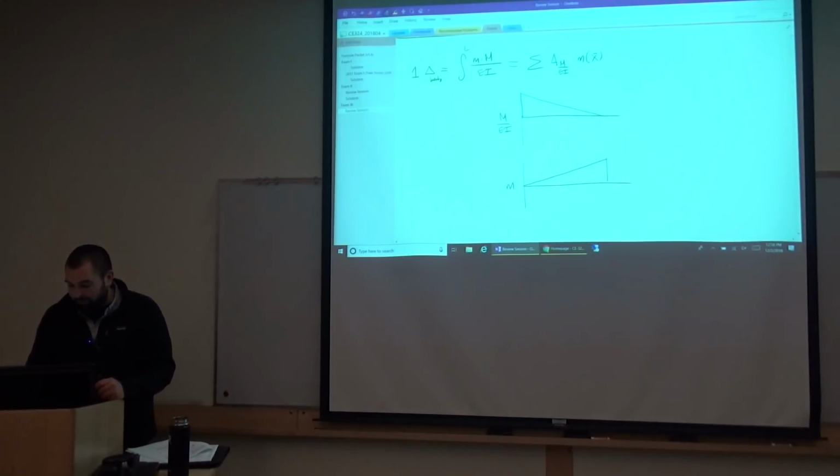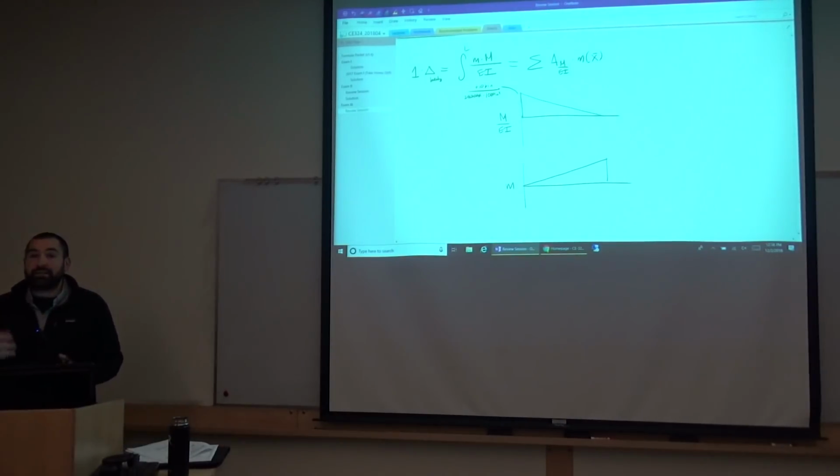So for example, this value up here would be, say, positive 10 kip inches divided by 29,000 KSI times 1,000 inches to the fourth. Just an example. That's the moment in kip inches, E in kips per square inch, and I in inches to the fourth.